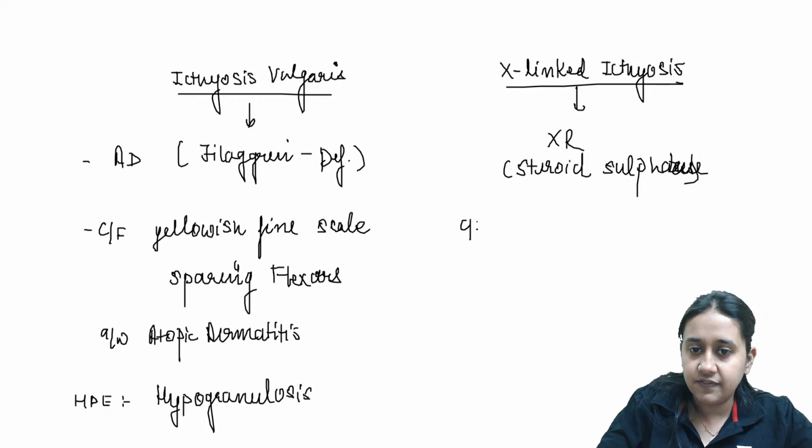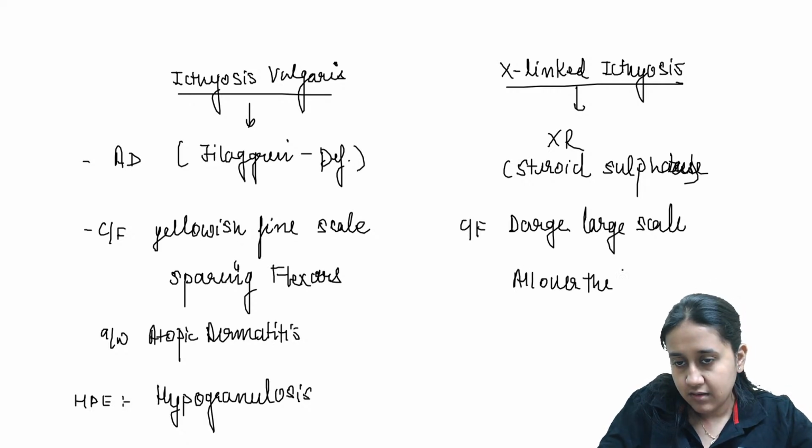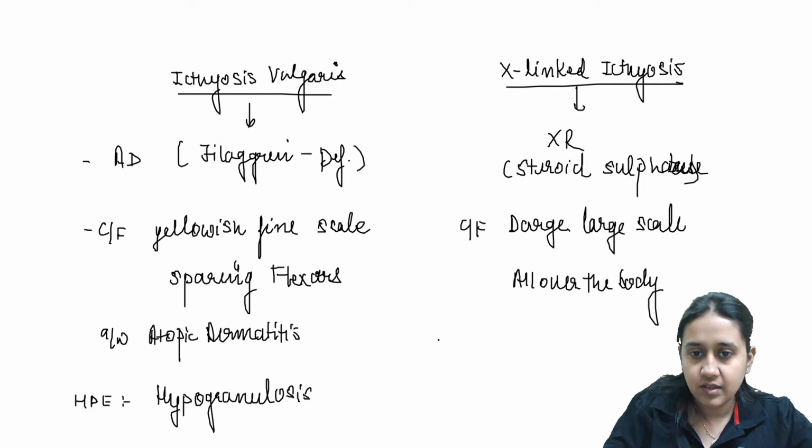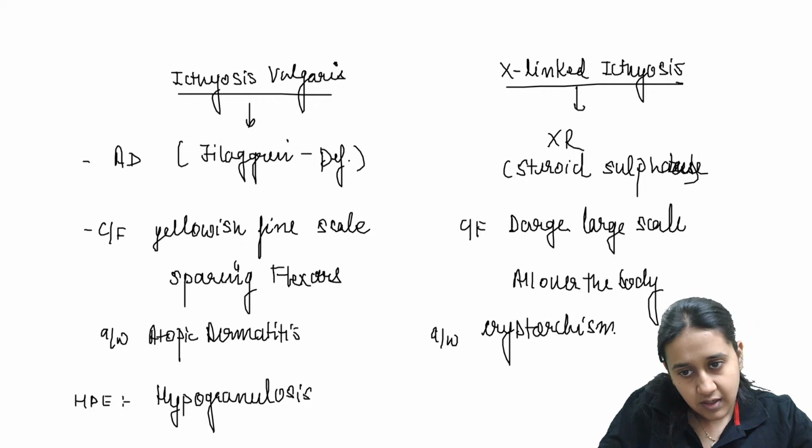In X-linked, the clinical feature is they have dark, large scales without any sparing, present all over the body. There is no sparing. It is associated with cryptorchidism and corneal opacity.